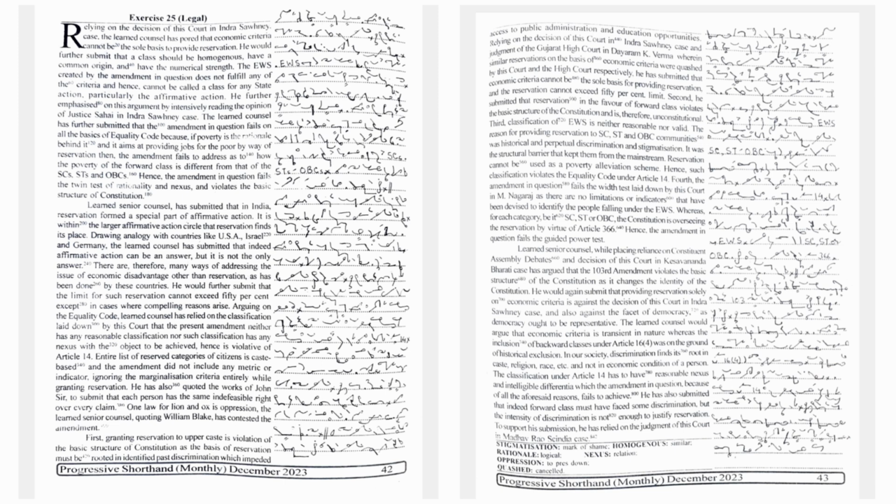The learned counsel has further submitted that the amendment in question fails on all the basics of the equality code because if poverty is the rationale behind it and it aims at providing jobs for the poor by way of reservation, then the amendment fails to address how the poverty of the forward class is different from that of the SCs, STs, and OBCs.